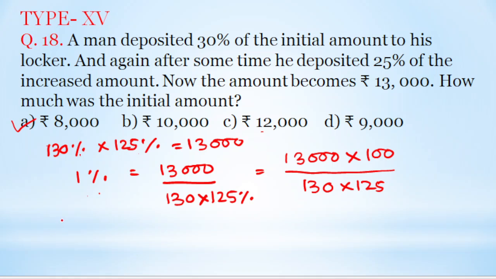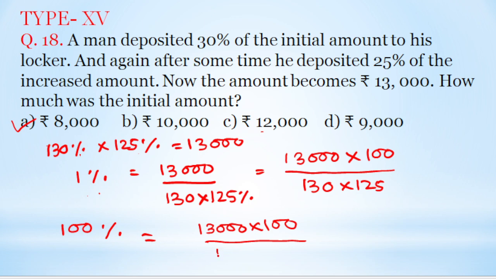Now again 100% is equal to, because the initial amount is 100%, 13,000 into 100 by 130 into 125 into 100.